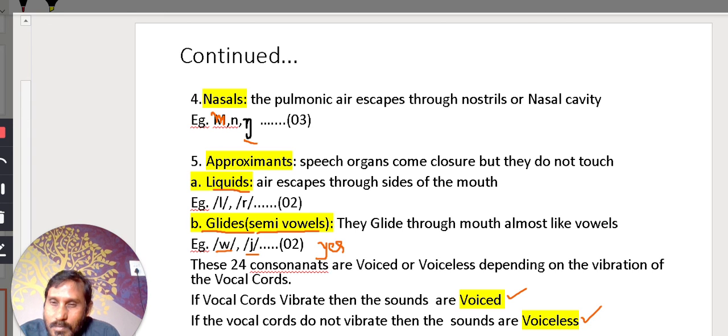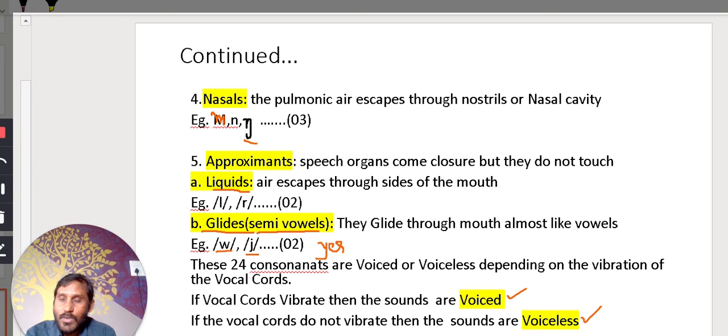So these are the five major categories of consonant types. In the last category, we have two subcategories, liquids and glides. So this is very, very important. You have to remember all the five categories and their manner, how they are produced, is very, very important.